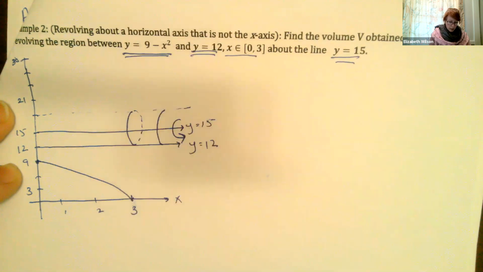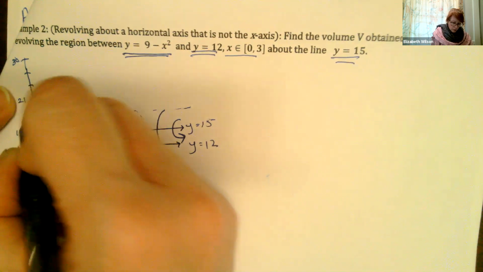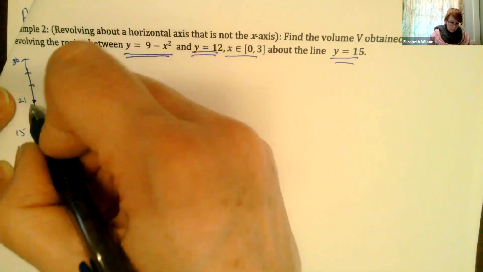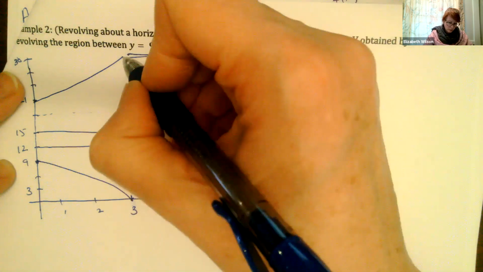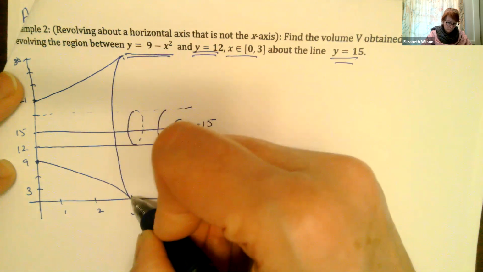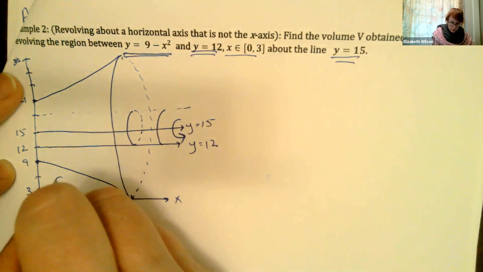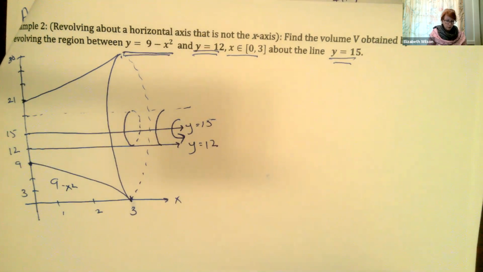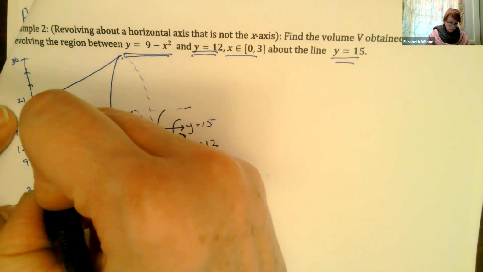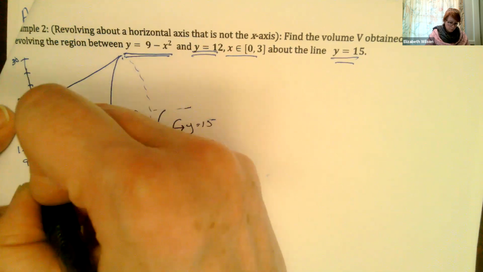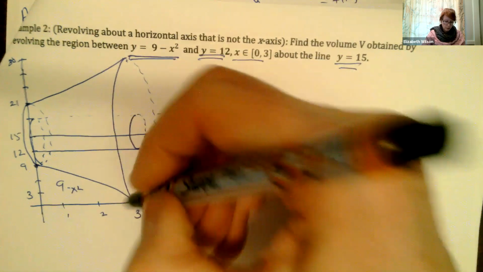And then I've got my other circle here, and then here's our outer. So this is 9 minus x squared, and that's y equals 12. Okay, so our cross-sectional area is this orange thing here.